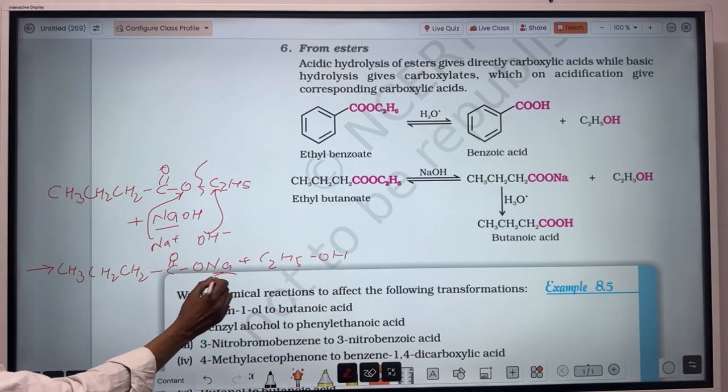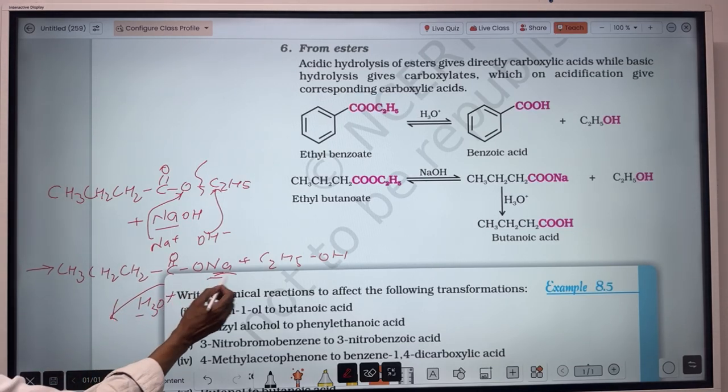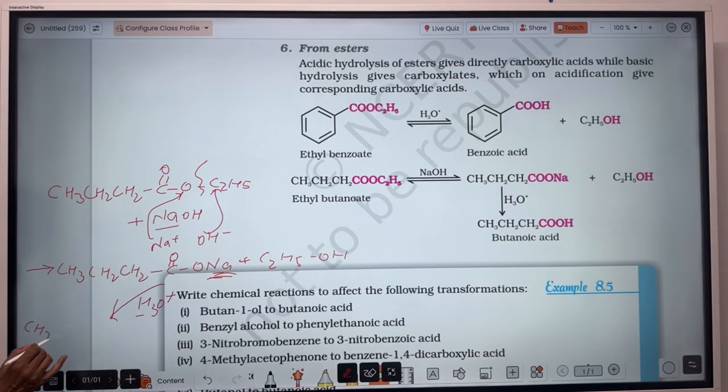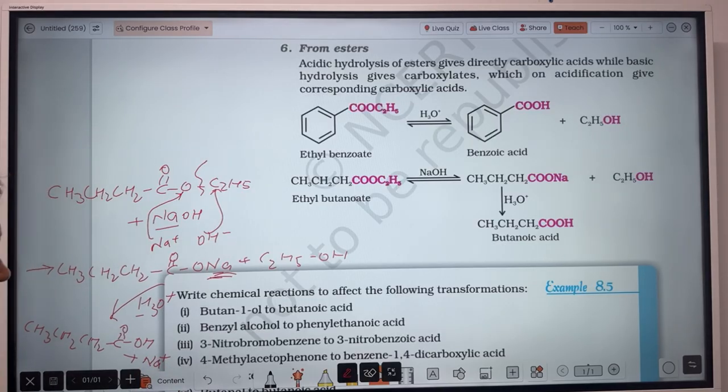Now when you have to replace this sodium, pass acidic water. When you pass acidic water, the hydrogen will replace this sodium. So the compound becomes this.